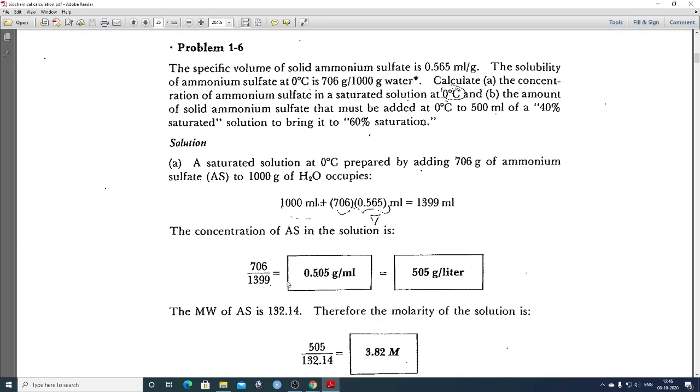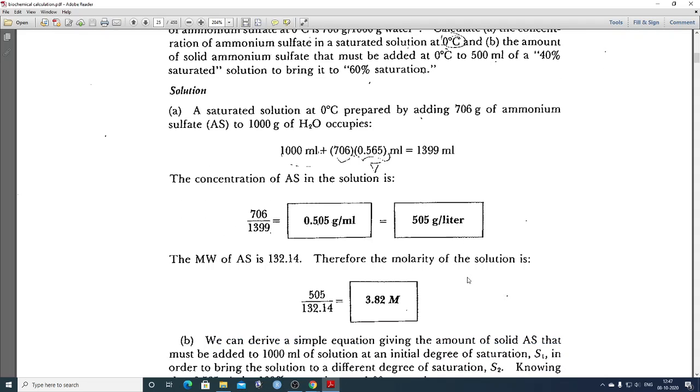So that is this many grams in this many ml. If you want to convert it into liters, multiply numerator and denominator by 1000, and you will get 505 grams per liter.